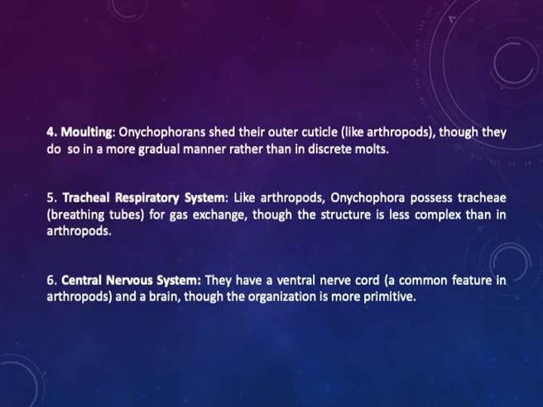Here is a breakdown of the affinities of Onychophora: molting, tracheal respiration, central nervous system, exoskeleton and jointed appendages, and segmented body. These are the main features which are similar to arthropods.